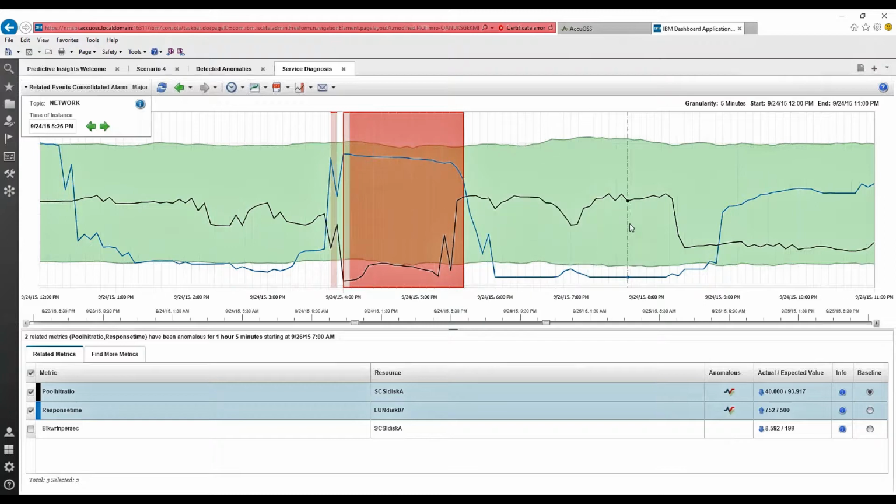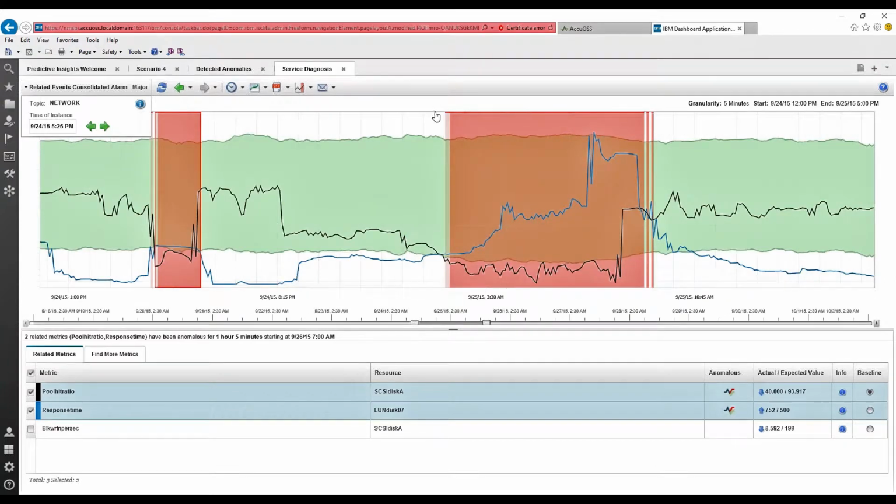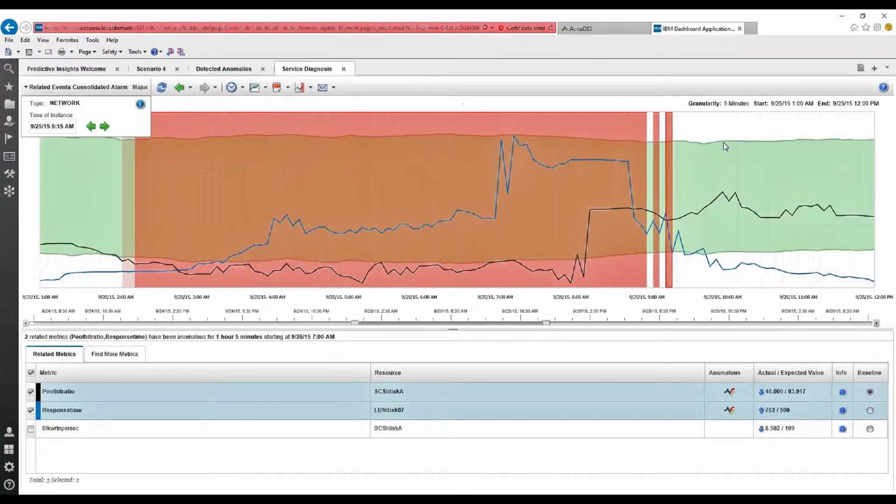In this particular case, when it hit the final large problem anomaly here, both of these were out of their deviation in a way where the system said, okay, this is something we need to throw an event on.